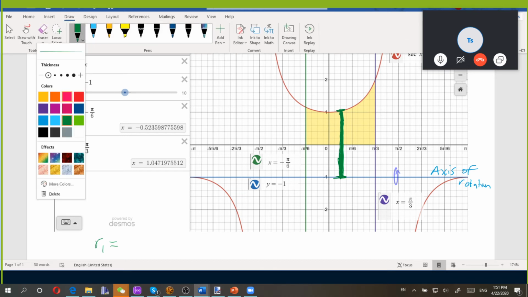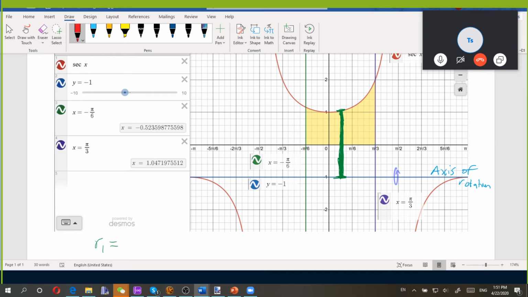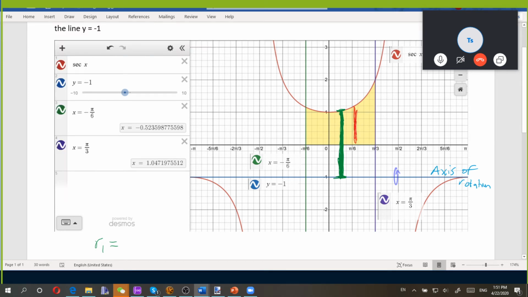I'll try again. Just secant would give you this distance. If I doubled it, I would end up going all the way down to here. So secant x tells me how far above 0 I am. How much further do I need to go in order to get to the blue line?